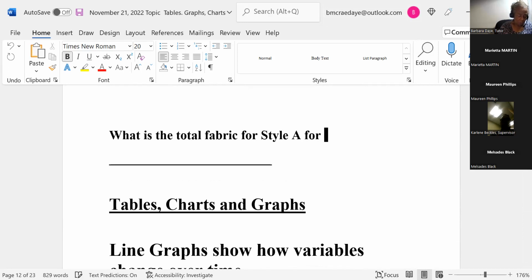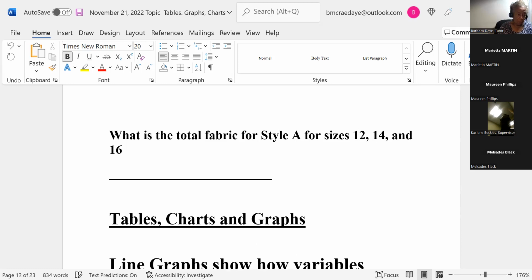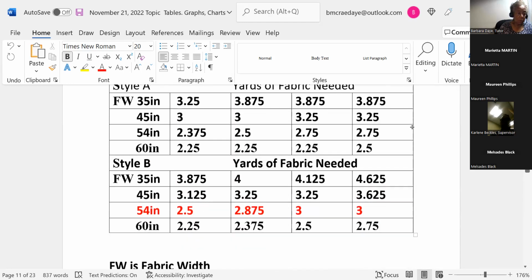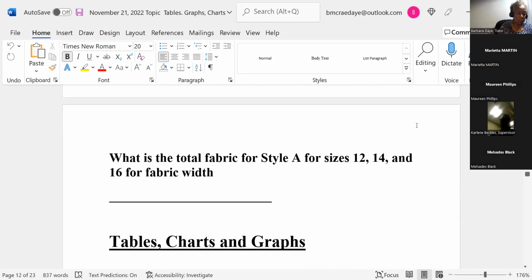For sizes 12, 14, and 16, for a fabric width of 45 inches.